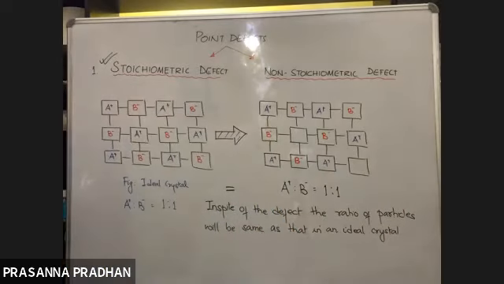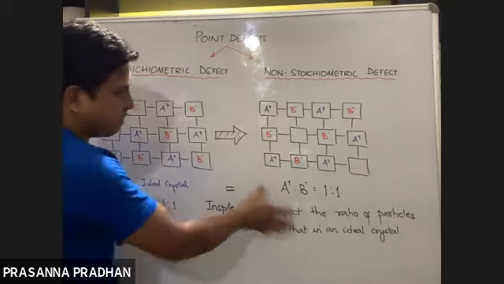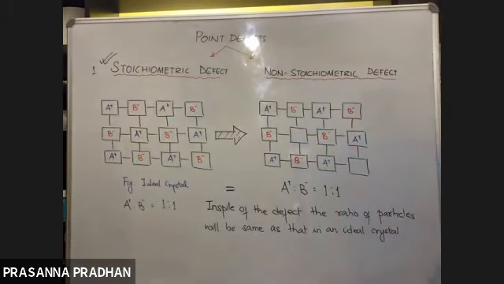In spite of the defect, the ratio of particles will be the same as that of an ideal crystal. So this defect is referred to as a stoichiometric defect.